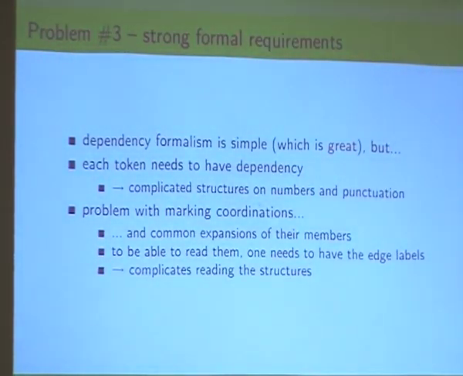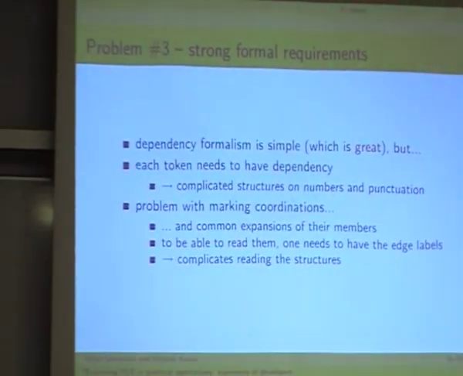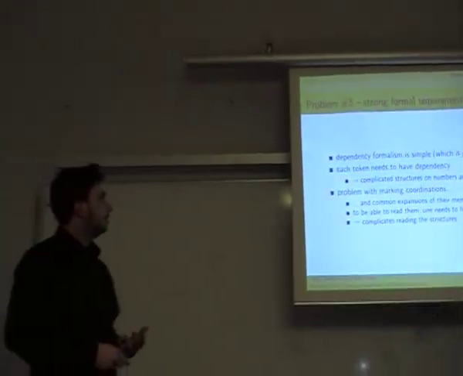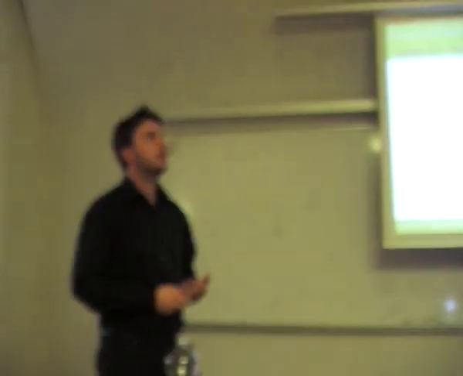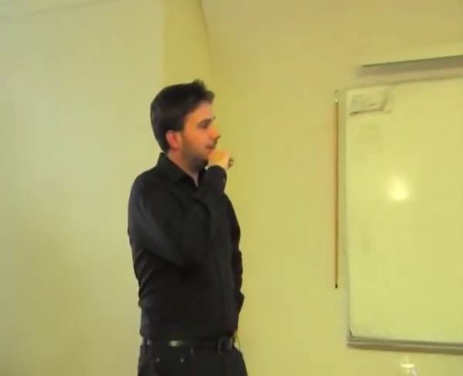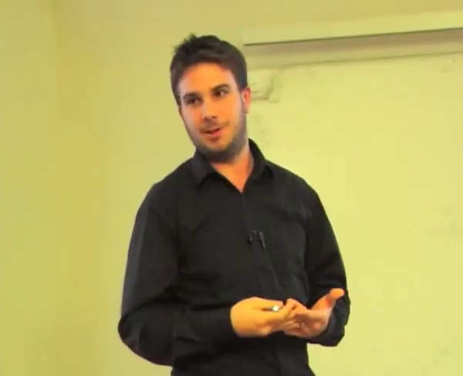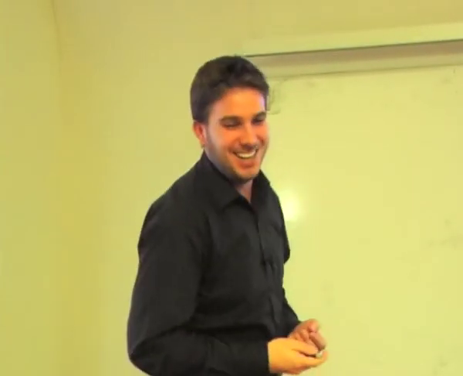This is handled somehow, of course, in the PDT, but the way how this is done is kind of, well, I would say strange, but this is not true. It is not native. How do you say it?